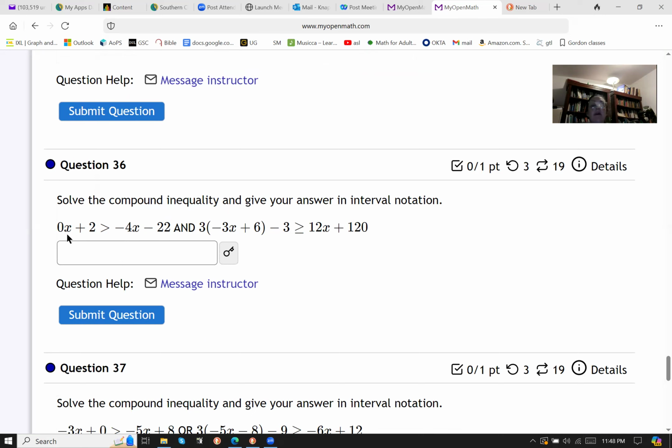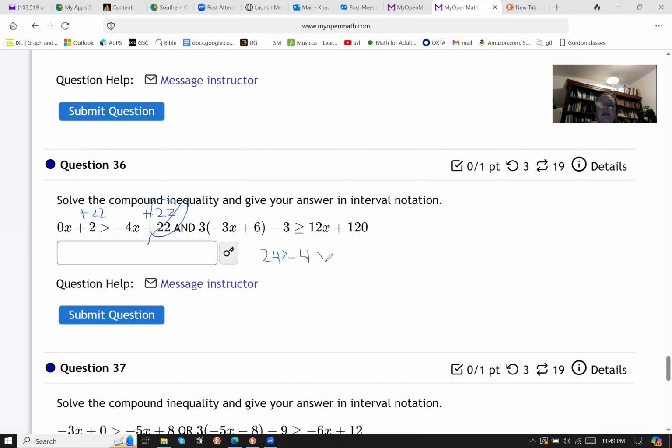So here 0 times x is just 0, plus 2 is greater than negative 4x minus 22. Let's add 22 to both sides so that we can isolate that variable of x. That gives us a 0 here, so that's gone. So we actually have 24 is greater than negative 4x.